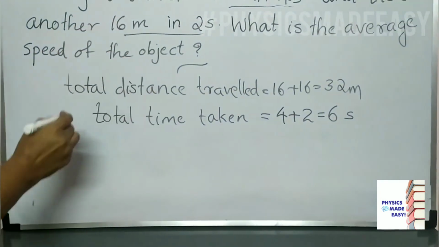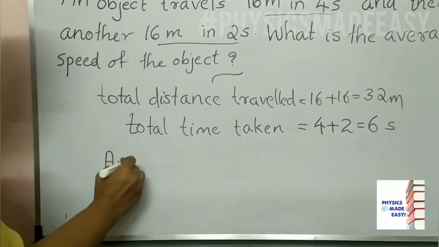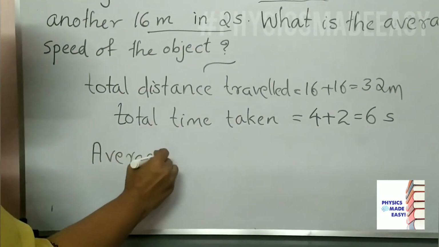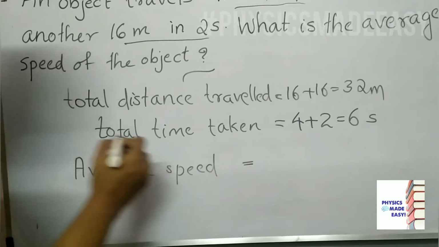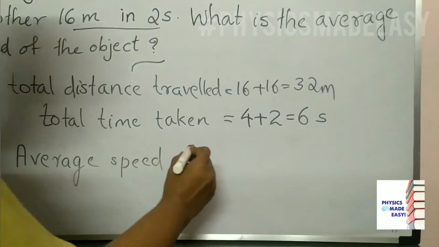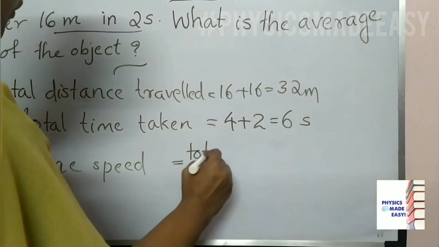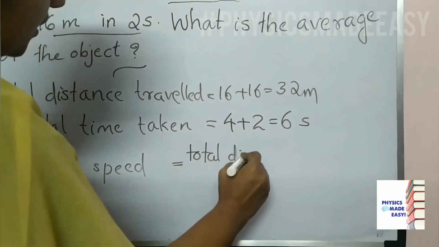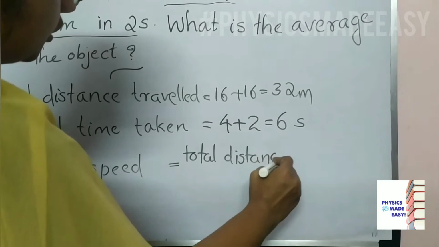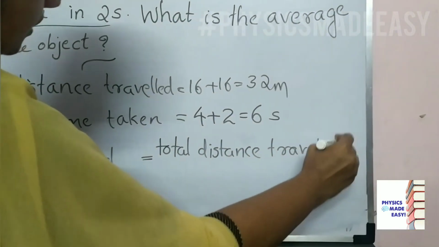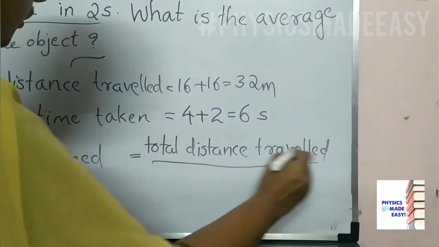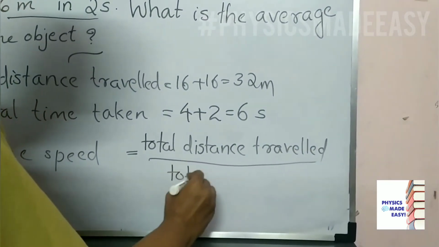Then here we have to find the average speed. Average speed is equal to total distance travelled divided by total time taken. You have to write that equation, and after that only you have to substitute.